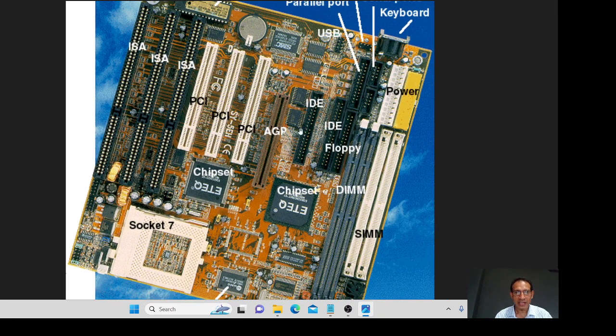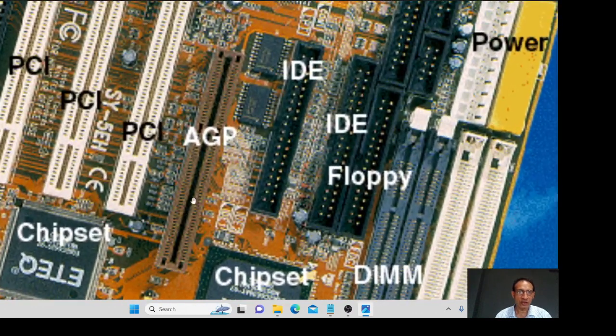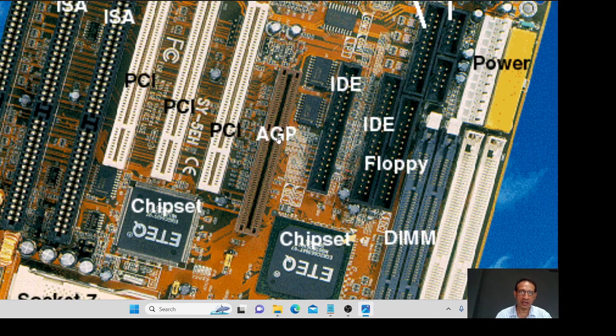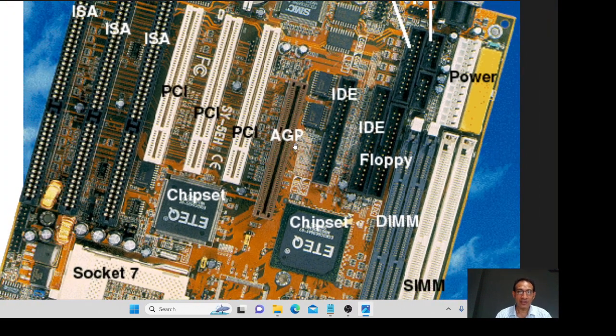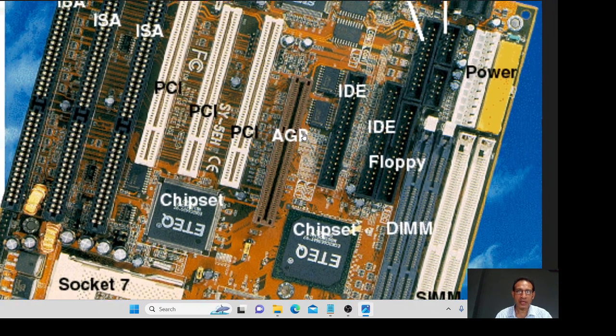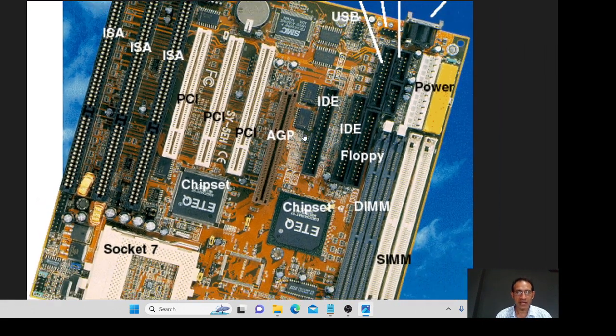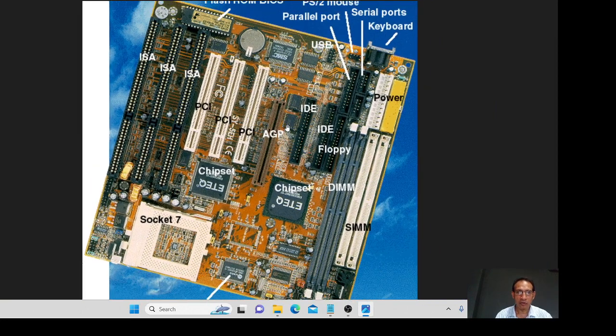There is another one, AGP. You can see that the AGP bus is there. AGP, Accelerated Graphics Port, is particularly for graphic cards. Graphic cards are for the display.